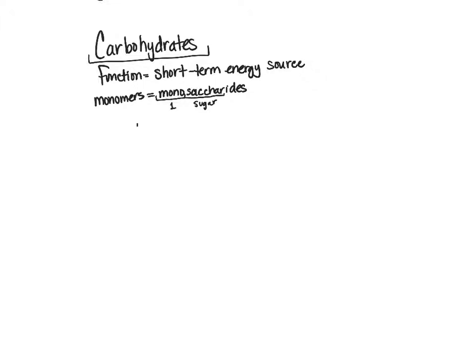Now these contain carbon, hydrogen, and oxygen. So remember, this is our shorthand, CHO, or carbohydrates, because they are composed of carbon, hydrogen, and oxygen. So if they are composed of carbon, hydrogen, and oxygen, do you think they are polar or nonpolar?